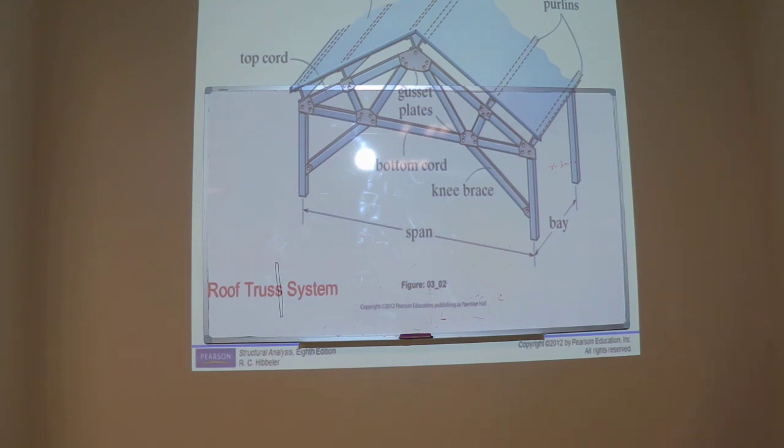So it means that if there is no load between this joint and this joint, there will be no bending moment. Because this point and this point will act as supports, and these joints are pin joints, or they have only two reactions, X and Y. They don't have any bending moment.